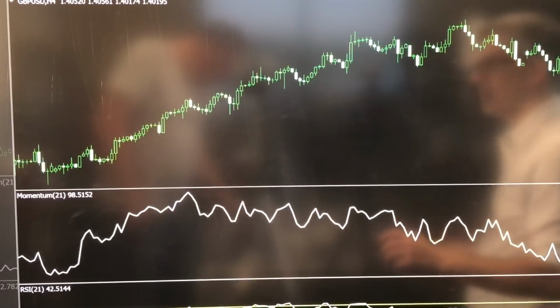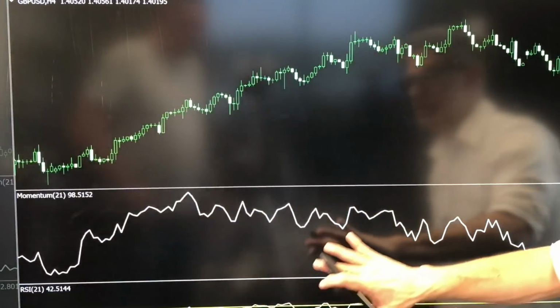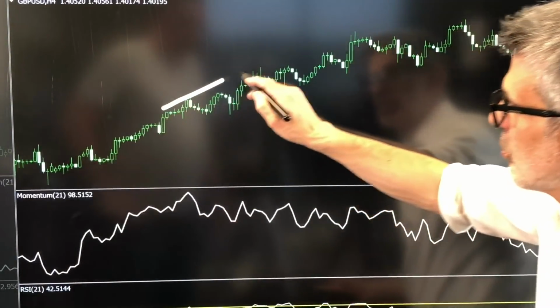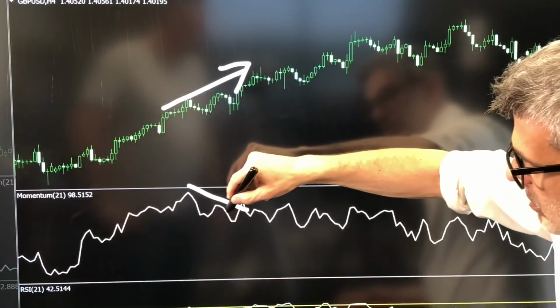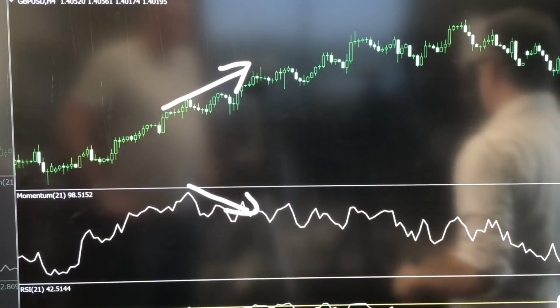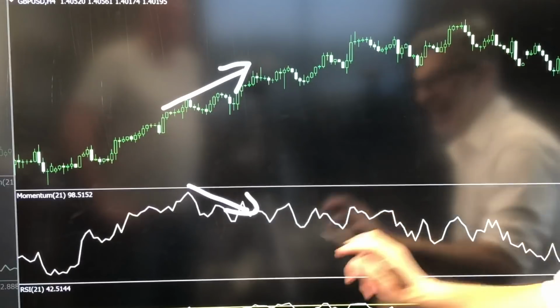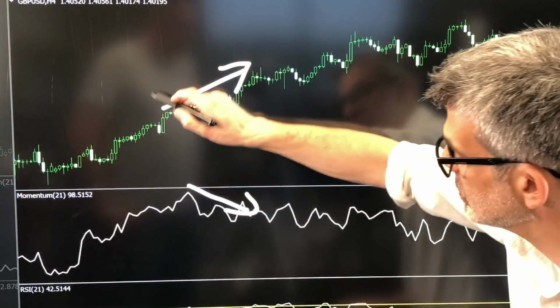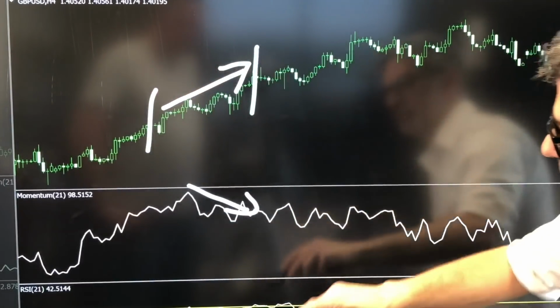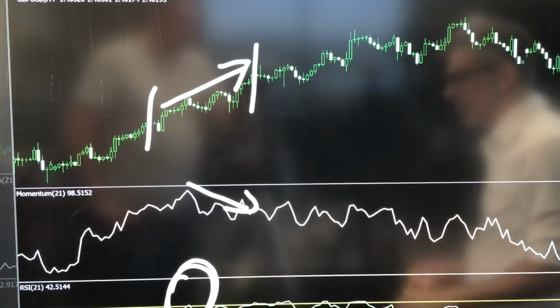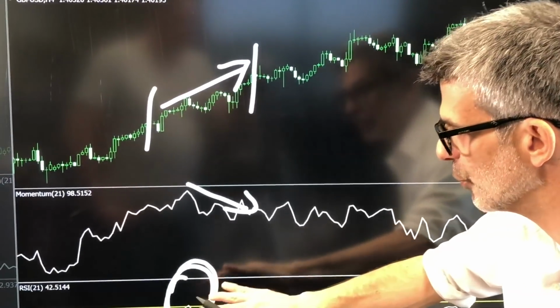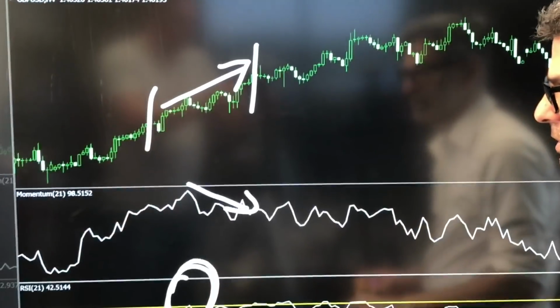All right. So now we're in this area right here on the chart, and we can see that price is traveling upward. We can see that momentum over the same period of time is dropping. And inside of this same zone, the relative strength index reached above the 70 mark, or went into overbought territory.